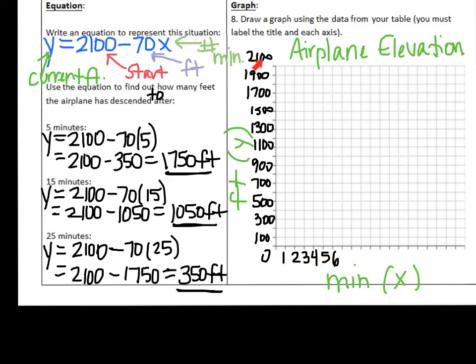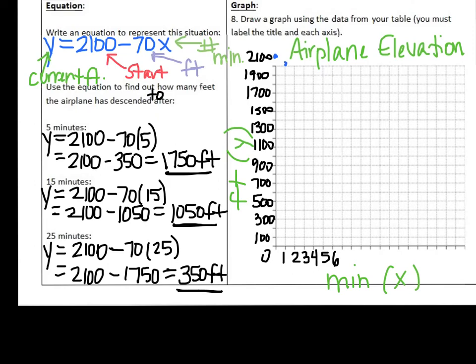Now 2,100 is not actually on my graph, and that's fine. So what I'm going to do is after 0 minutes, my airplane is at 2,100 feet. After 1 minute, my airplane is at 2,030 feet. So that's going to be about right there.